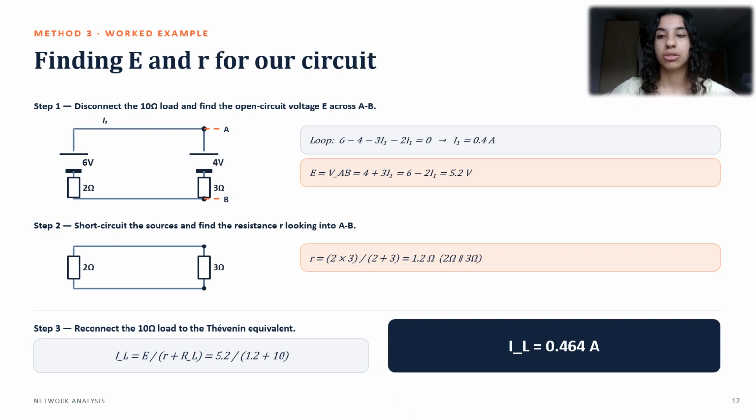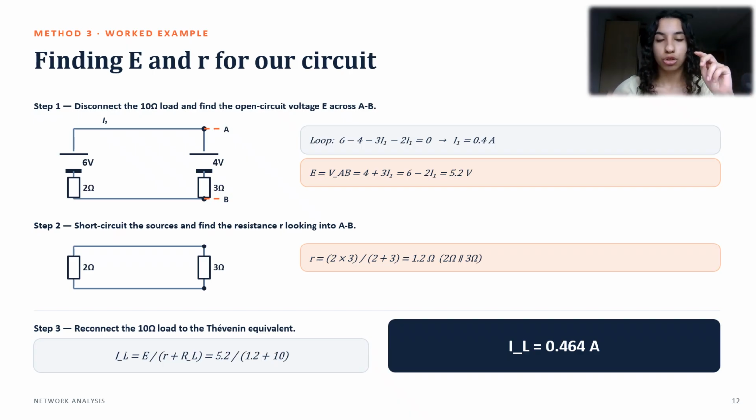And from battery A, you get 6 minus 2I1. Both of these should be equal, which means you could pick one of them. You could say 4 plus 3I1 should equal 0. That way you get the voltage, which is 5.2 volts.